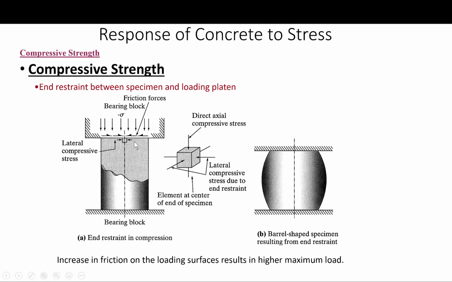As you can see, this enlarged region will be subjected to compression in the lateral direction, and that will impact the mode of failure of the concrete, putting this region in triaxial compression, and basically it results in this barrel-shaped specimen as a result of the end restraint.